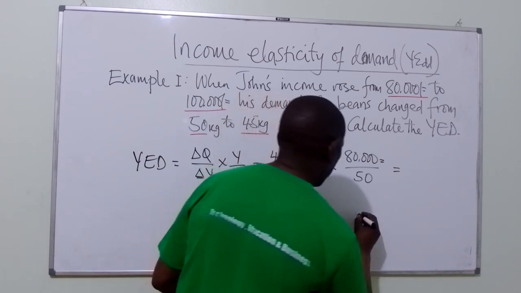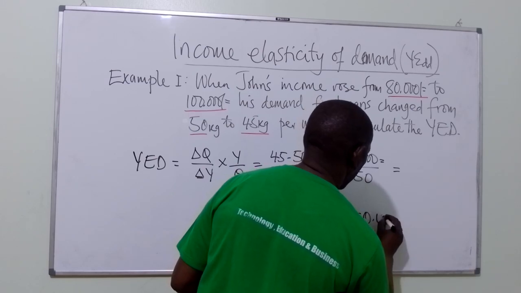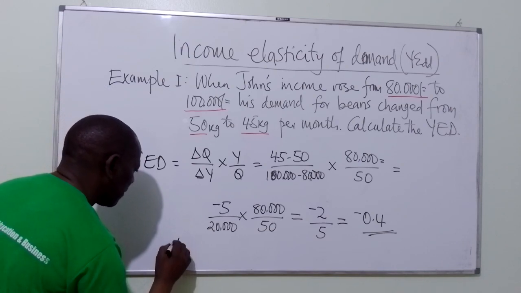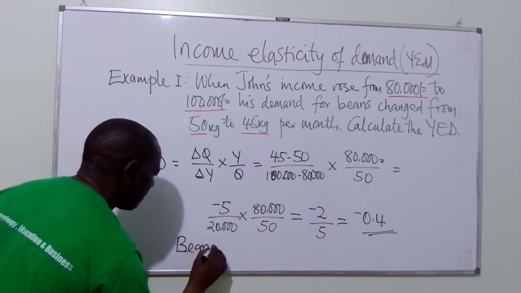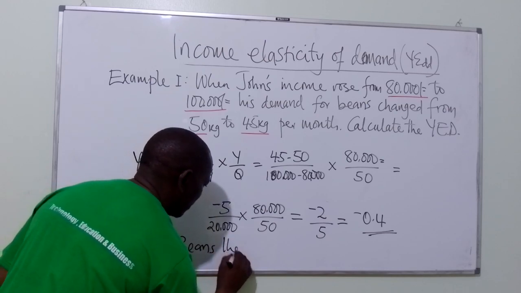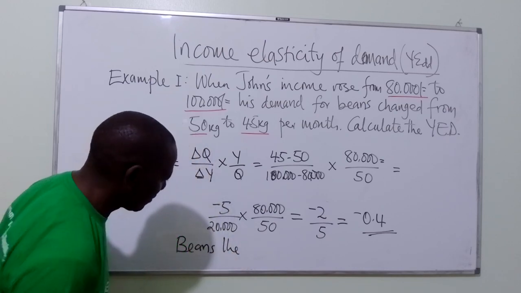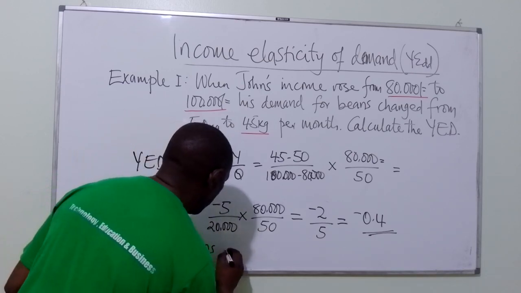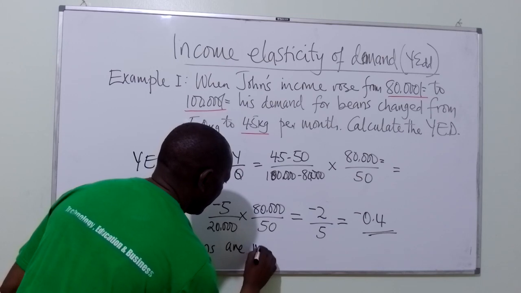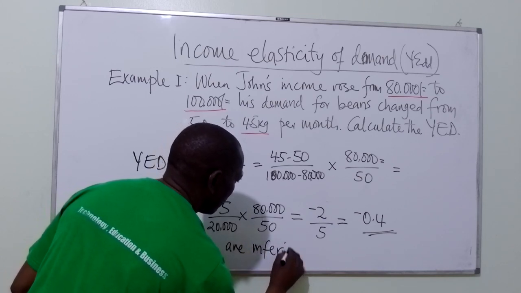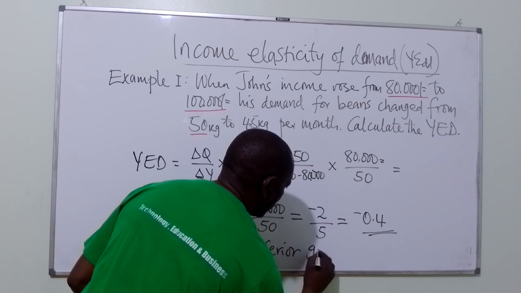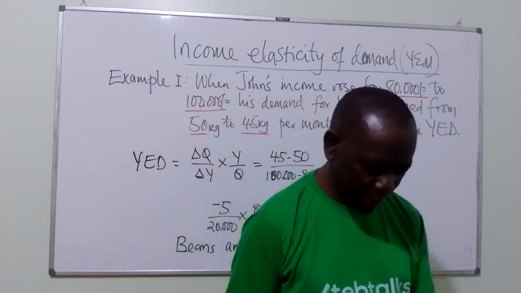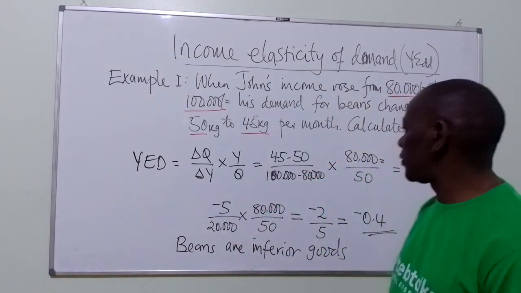This is going to give you negative 0.4. And we conclude and say, in this situation, beans are inferior goods. That's what we conclude, that beans are inferior goods.